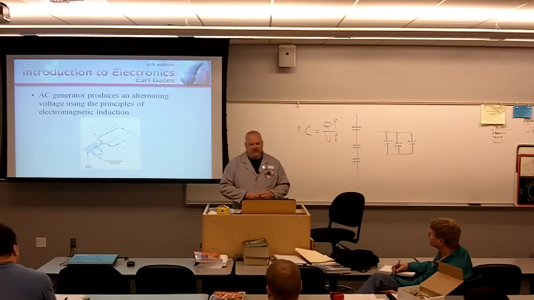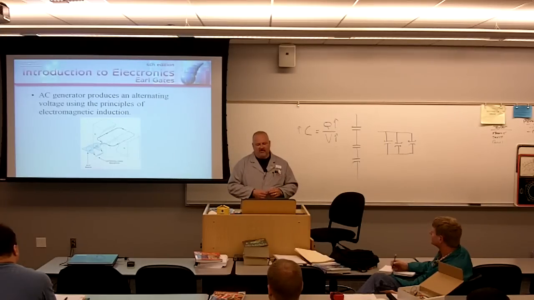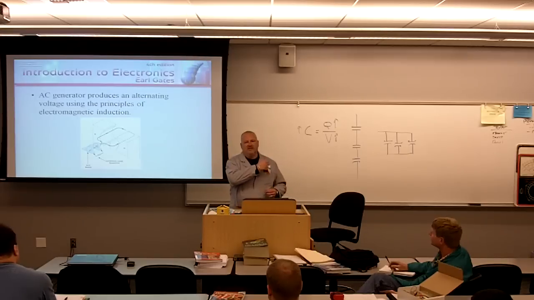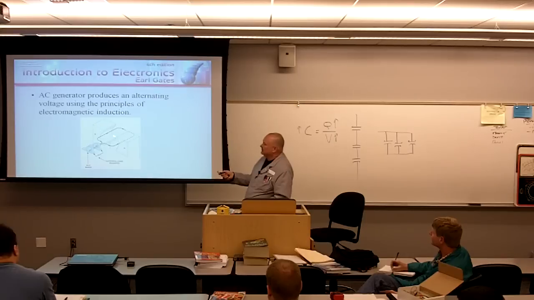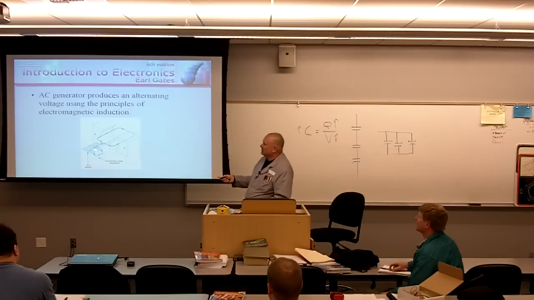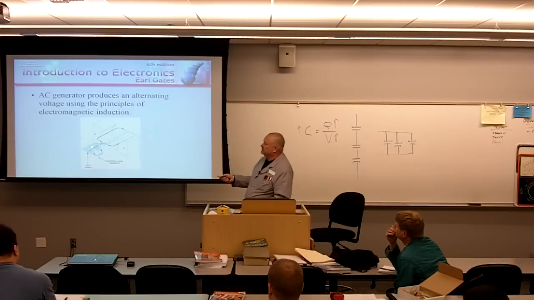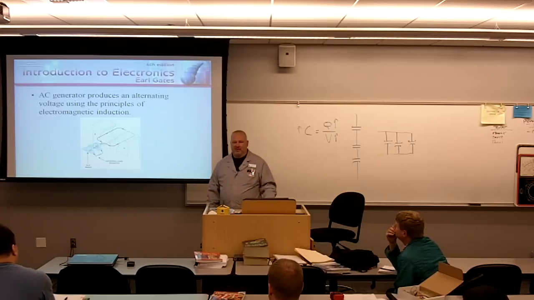An AC generator produces an alternating voltage using the principles of electromagnetic induction. This is a review. Blast from the past. A couple of weeks ago, we talked about this stuff, right? Here's our magnetic field, North Pole, South Pole. We have a rotating armature. That rotating armature maintains connection through 360 degrees of rotation through these slip rings.